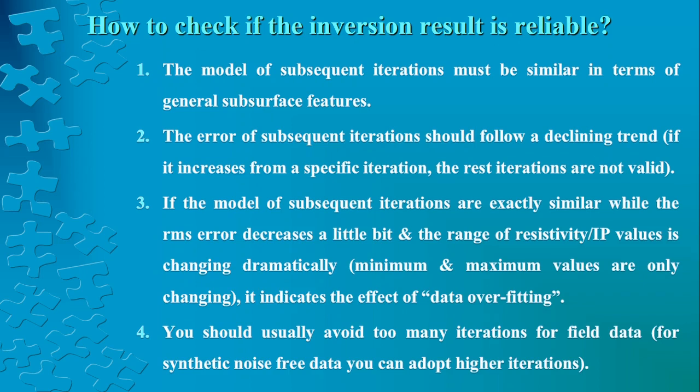Let's go to the next slide. Here are 4 points that show us a few tips regarding checking the reliability of the inversion results. The first one is that the models of subsequent iterations must be similar in terms of general subsurface features. This is very important.